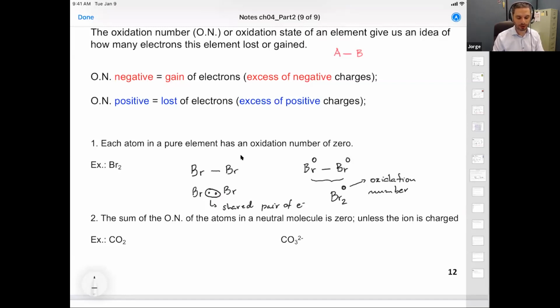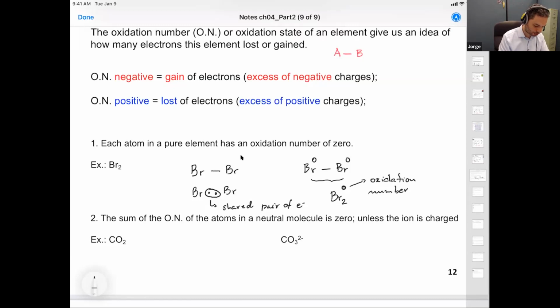Okay, so the terms losing and gaining mean that whoever lost the electrons has them far from this element, and whoever gained the electrons has them close to it. So let's take a look here at 2 examples.